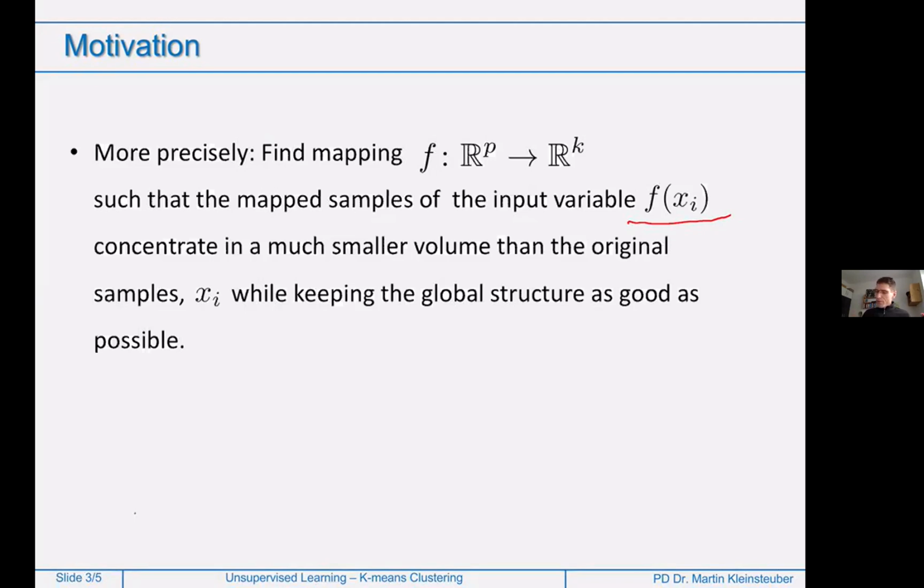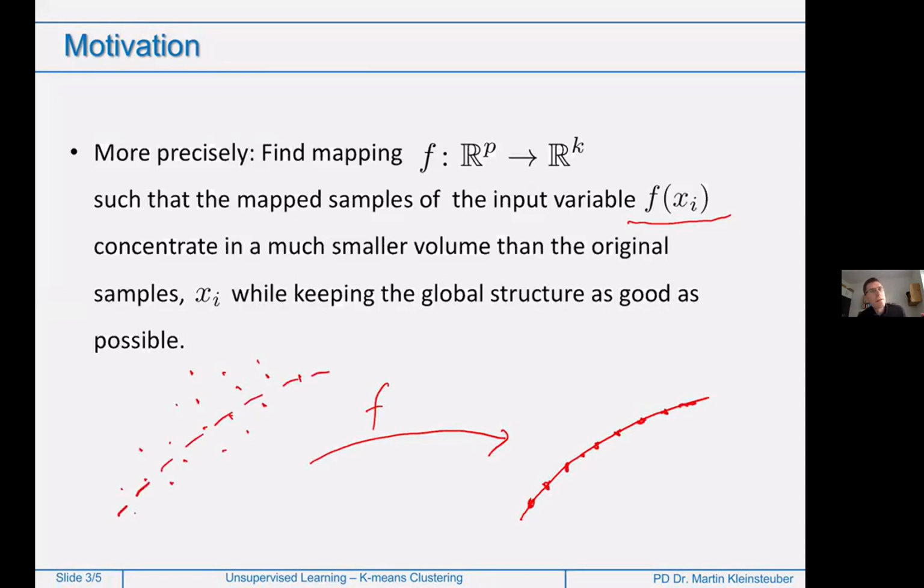For example, you have data samples here, and you want to map them with f onto some lower dimensional space with some lower volume, for example onto this curve.